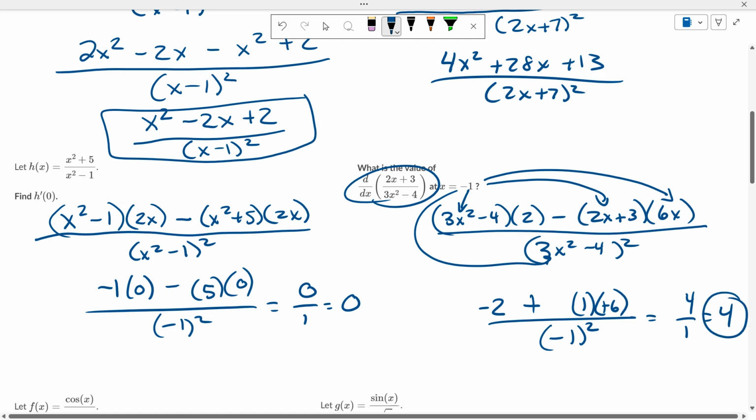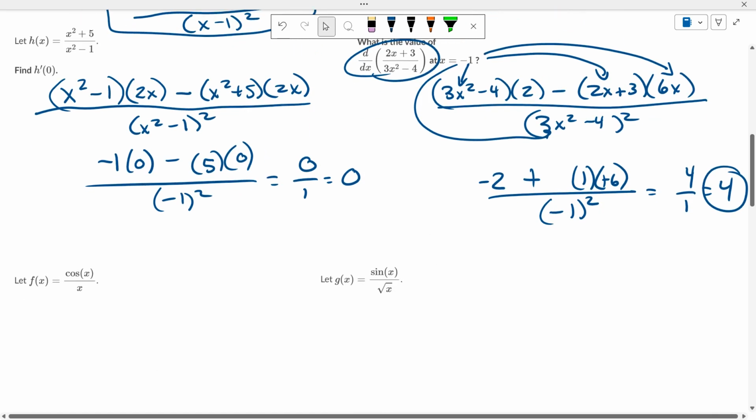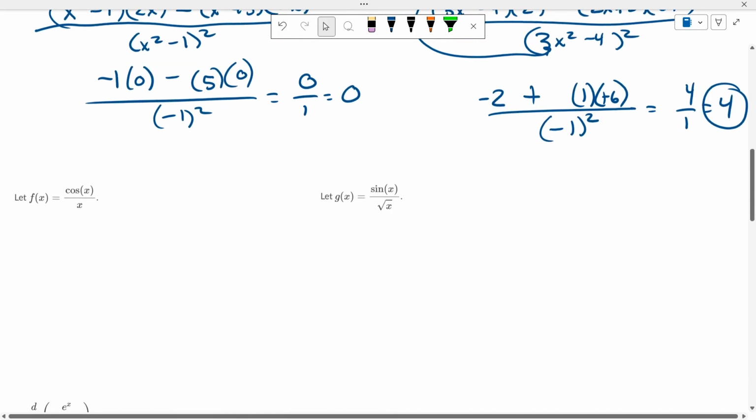Quotient rule. Takes a little bit to work through. Quotient rule for this one. This one isn't bad.